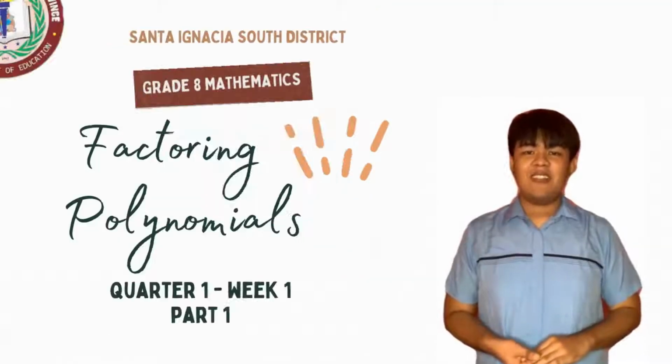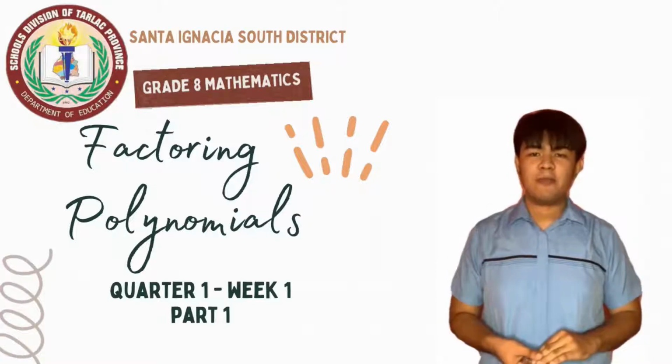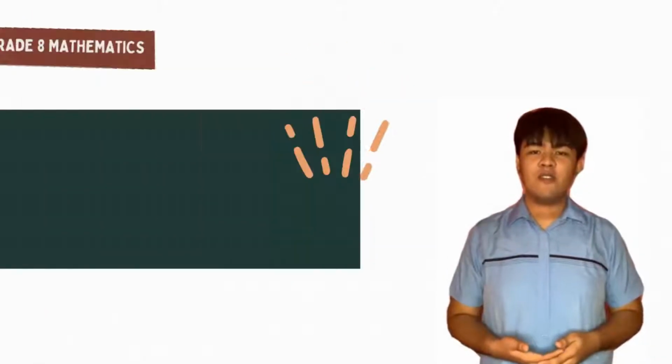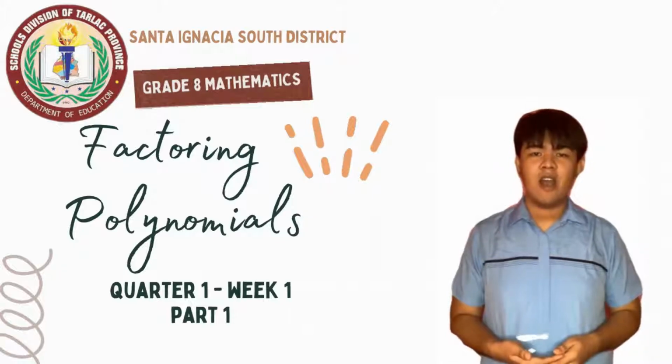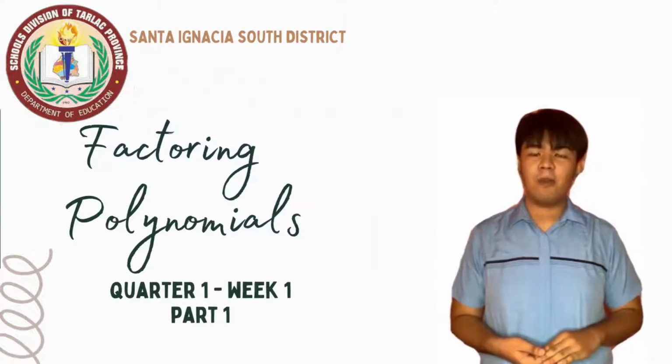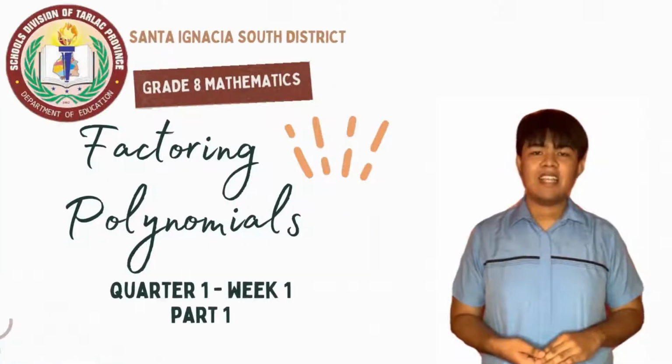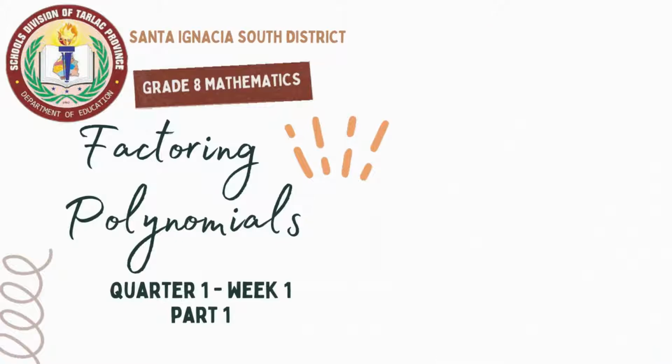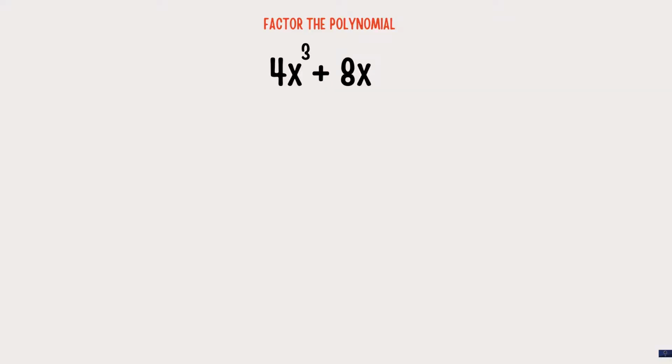From the previously given examples, we can observe that prime factorization is used to find the greatest common factor of the given polynomials. The next example that we will learn illustrates how to factor the polynomials by getting the greatest common monomial factor. Let's start off with this given, 4x cubed plus 8x.